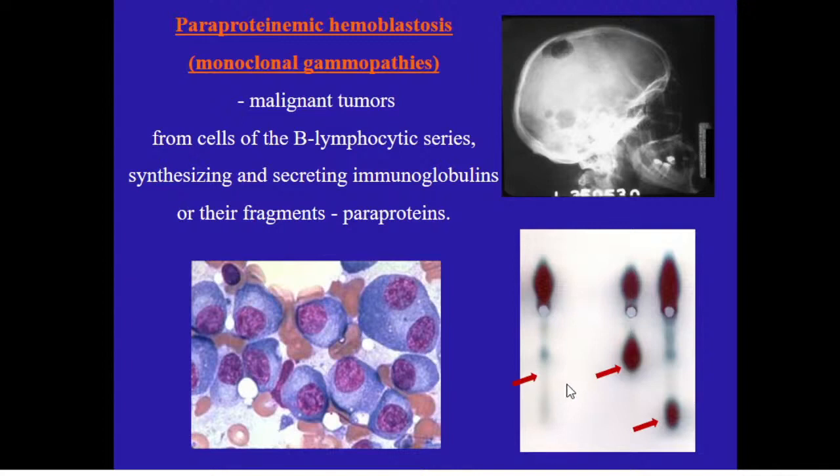But in case of a big quantity of absolutely similar molecules, they will be visible as a spot, or in paper electrophoresis, a very intensive line in one place. Localization can be in a different place of the electrophoregram due to the different properties of paraproteins. It depends on the cell that started to produce them.